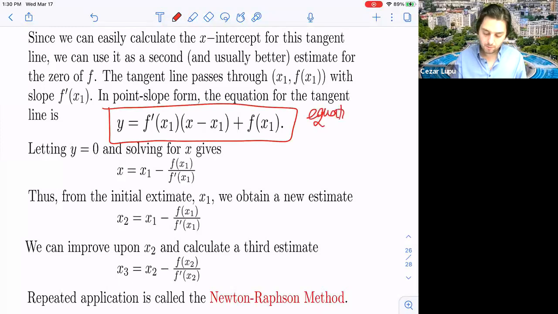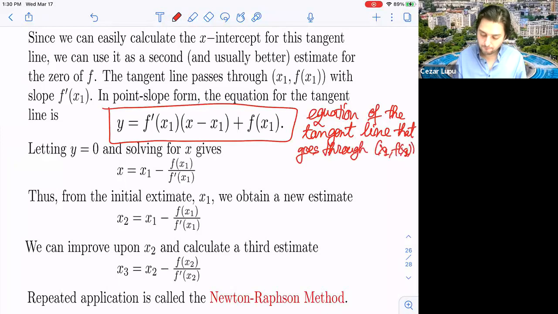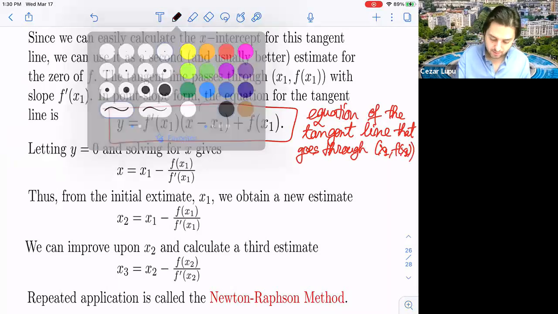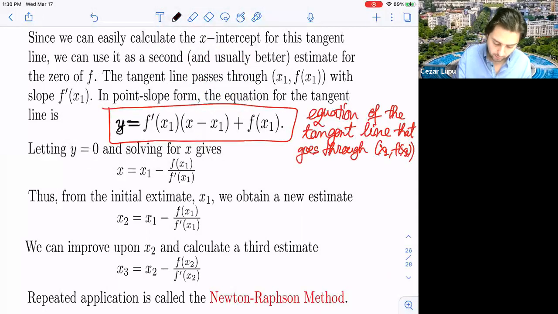The equation of the tangent line that goes through the point with coordinates x1, f of x1 is y equals f prime of x1 times (x minus x1) plus f of x1, as you know already.